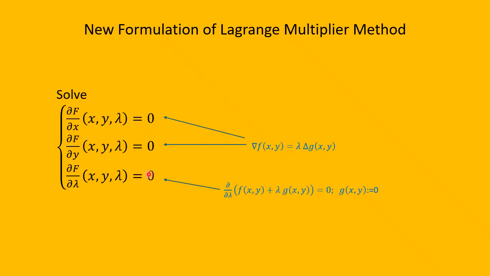And so this equation becomes g of x y equals 0, which is our new constraint, remembering that we write our constraint in the form a function of x and y equals 0.